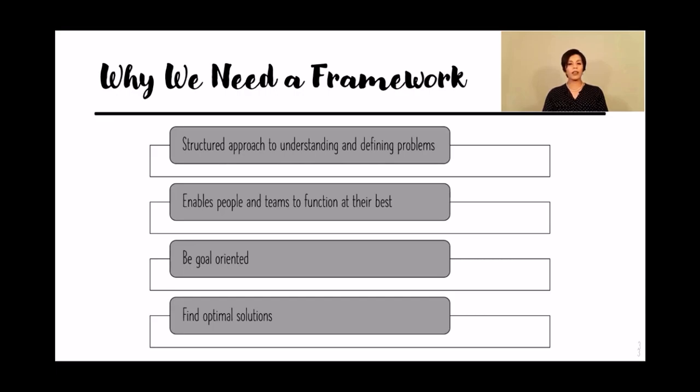However, in most other situations, for most purposes, having a framework allows for a structured approach to understanding and defining problems, enabling people and teams around you to function at their best and be goal-oriented, and to find solutions that are optimal. In the absence of structure and reasoning, decisions lack proper motives. And without proper motives, you risk loss of credibility, consistency, and purpose.